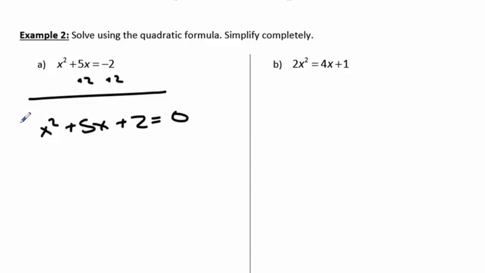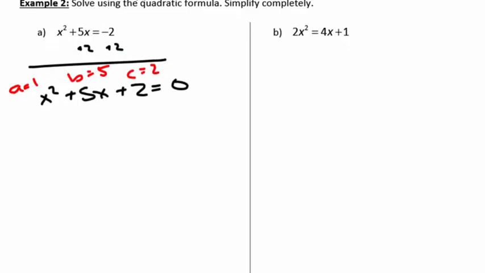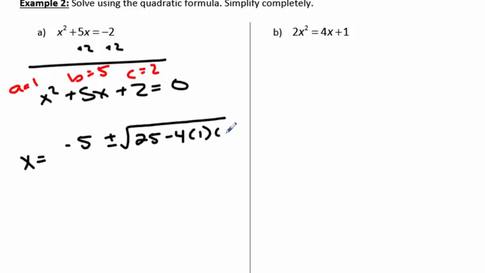Now we have our value of a is 1, our value of b is 5, and our value of c is 2. So into the quadratic formula they go. X equals negative b plus or minus the square root of b squared minus 4 times a times c over 2a.